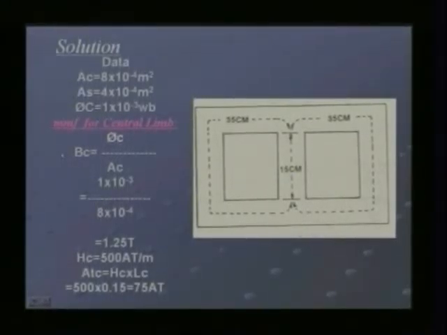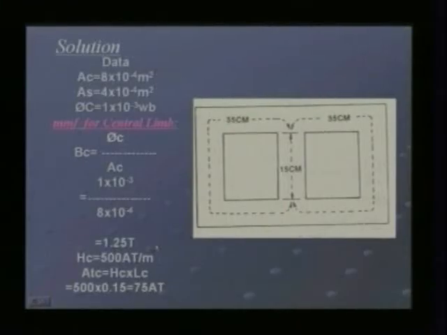The flux density in the central limb, BC, is given by the flux in the central limb phi C divided by the area of cross section in the central limb AC, that is, substituting the values, phi C 1 into 10 power minus 3 divided by AC 8 into 10 power minus 4, which is equal to 1.25 Tesla.